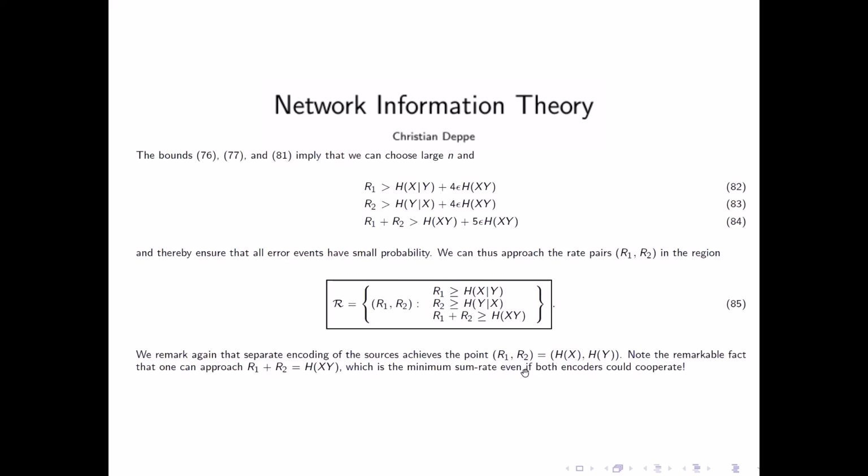Only if they work together, if it's just one encoder, we know that we can approach that H of XY. But you see, Slepian-Wolf give a coding strategy such that we can also achieve this if the two encoders do not work together. Now I will show you that this really follows from our three equations.